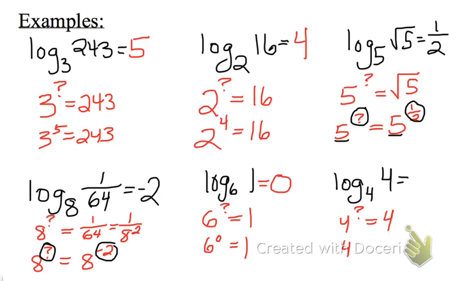And it's easy to see 4 to the 1st power equals 4, so that answer is 1. And you might notice that that's not dependent upon 4 either. That could be any base, as long as we're taking the logarithm of the same thing as the base. And that leads us to our properties of logarithms.